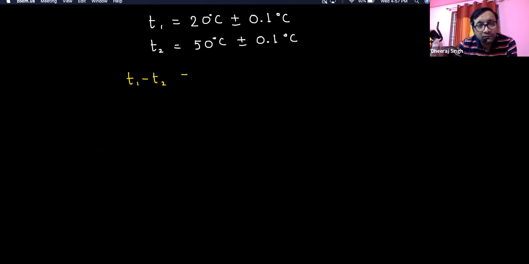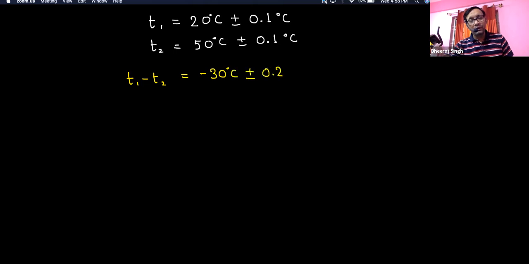Correct. Nice. So T1 minus T2 will be minus 30 degrees Celsius plus minus 0.2 degrees Celsius. The errors get added up.